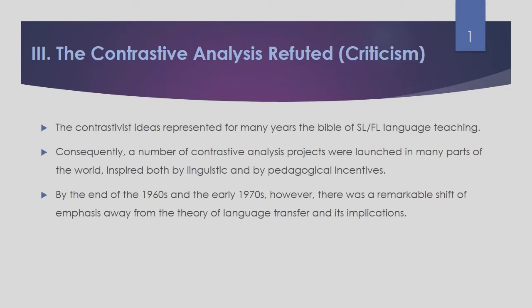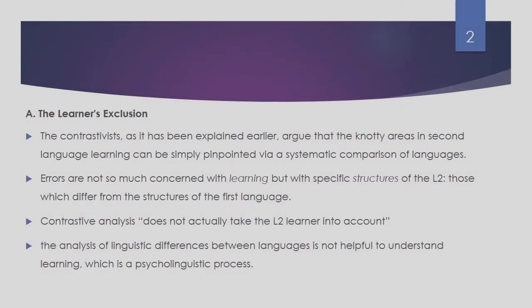At that time, there was a remarkable shift of emphasis away from the theory of language transfer and its implications. Here, contrastive analysis was criticized. The criticism of contrastive analysis involved two main points: the learner's exclusion and the faulty prediction. The first point of criticism is the learner's exclusion.